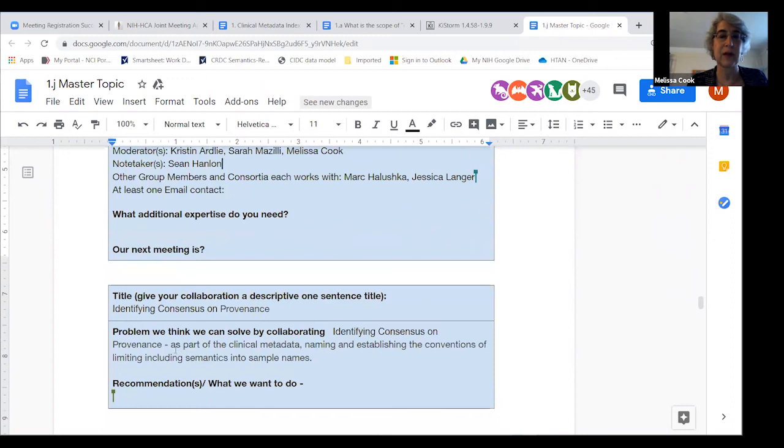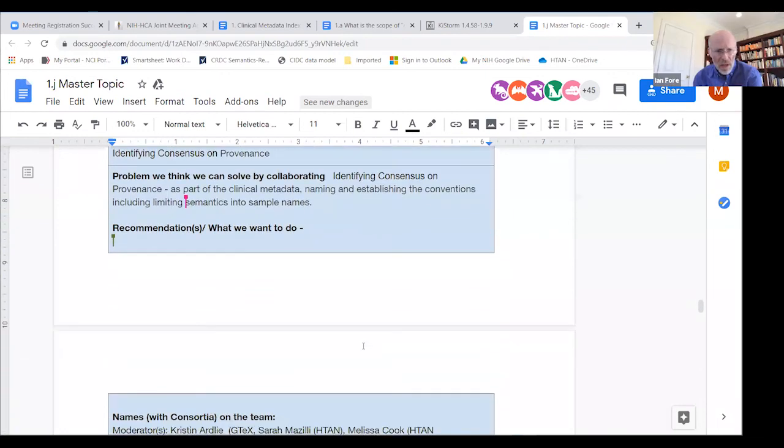I just focused on the context. And it has more context here of, as part of the clinical metadata, naming and establishing the conventions of including the semantics that we need for the sample name. That's something we should certainly address.